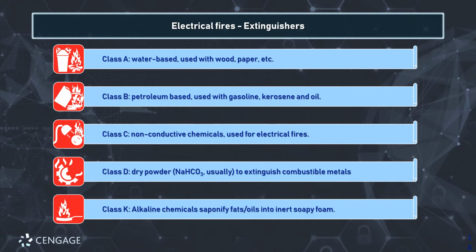Class B is a petroleum-based fire suppressant, which is usually CO2 or a chemical foam. This is used with gasoline, kerosene, benzene, oil, anything made from crude petroleum. This is because the volatility and energetic nature of this material makes it much harder to put out.